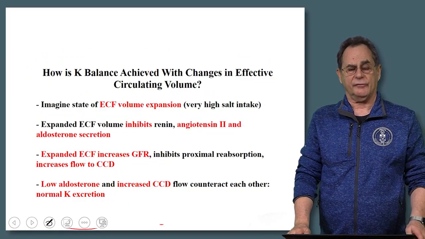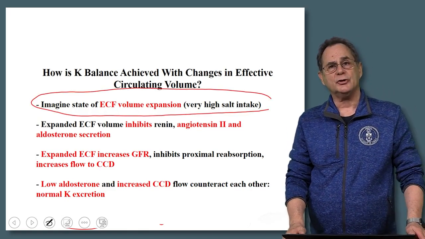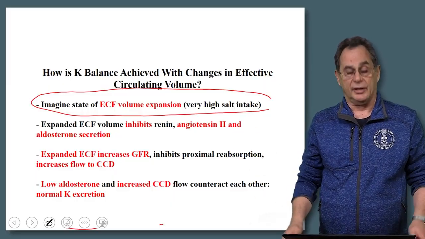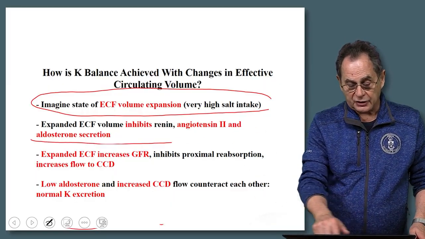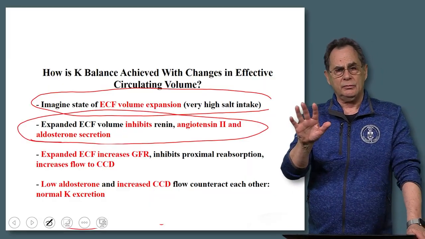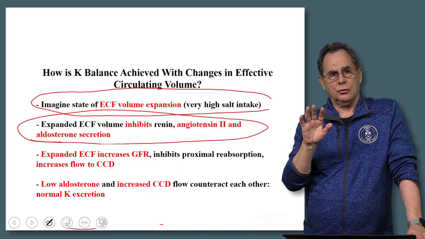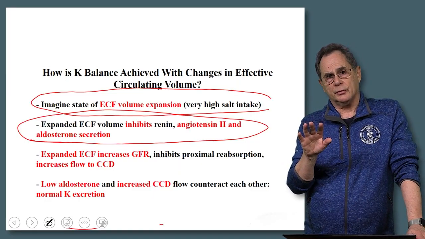How is potassium balance achieved with changes in effective circulating volume? So imagine volume expansion, high salt intake, for example. The expanded, high extracellular fluid volume will inhibit renin, inhibit the formation of angiotensin II, and reduce aldosterone secretion.